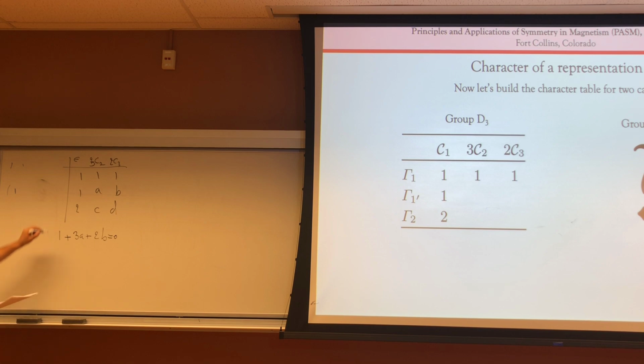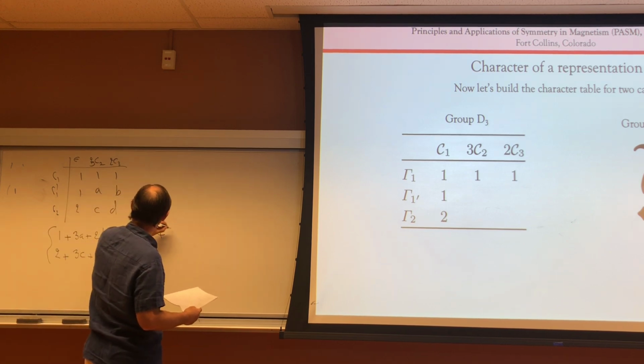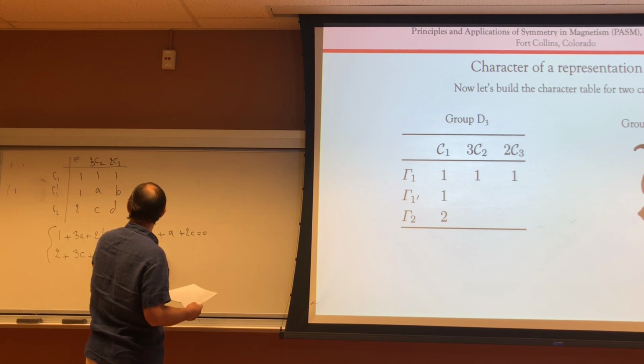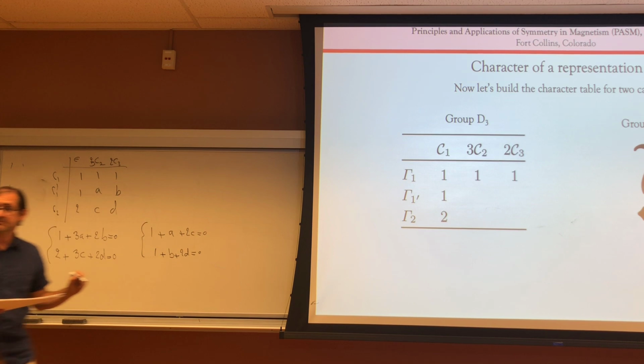Same thing here. 2 plus 3C plus 2D equals 0. And you can do the same for those two columns. This is dimension 1, dimension 1, dimension 2. So we should also have 1 plus A plus 2C equals 0, and 1 plus B plus 2D equals 0.